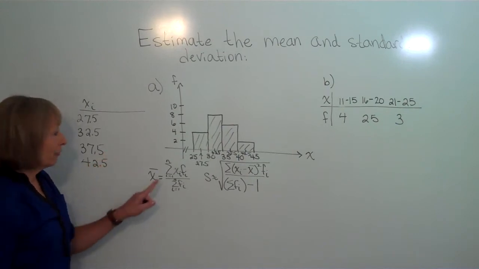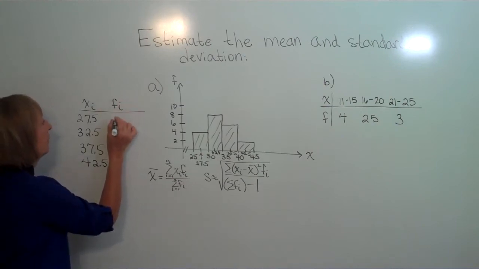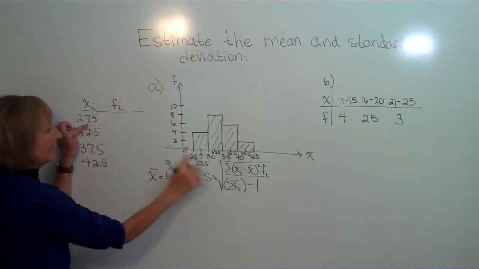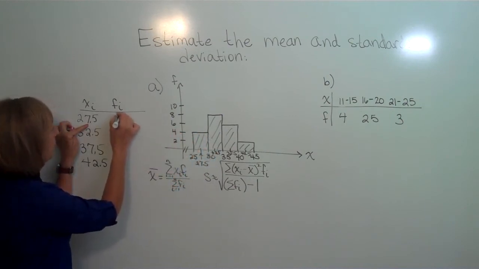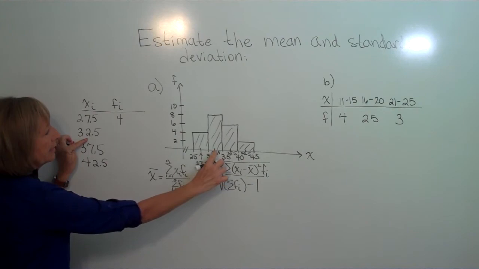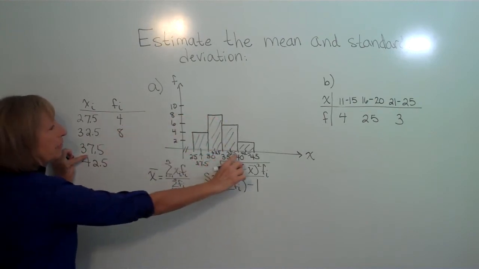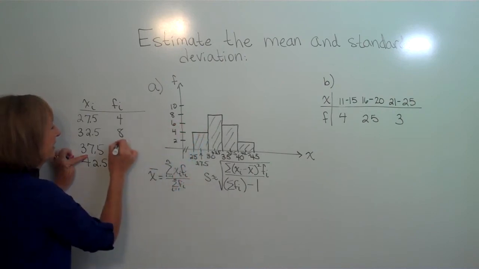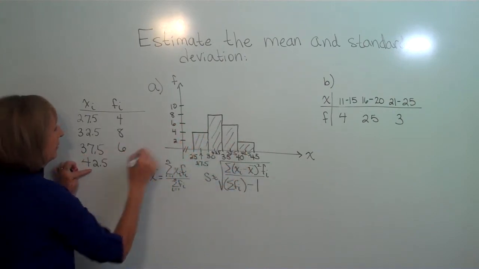And then my frequencies for each class: for the first class, the bar has a height of 4, so my first frequency is 4. Then for the second class, my bar has a height of 8. For the third class, my bar has a height of 6. And for my fourth class, my bar has a height of 2.